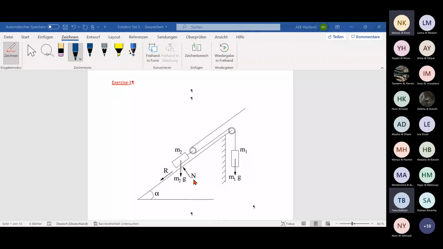Then there is the contact force, which is N. As there is friction, the friction force R is included, which is equal to mu, the friction coefficient, multiplied by this normal force. When there is no friction, in this case, R is equal to 0.